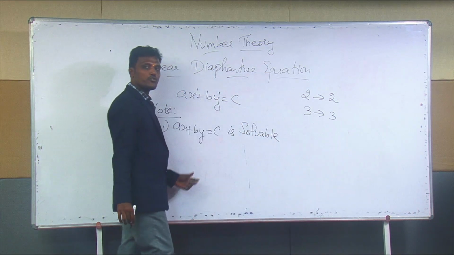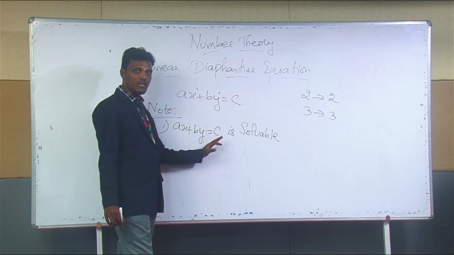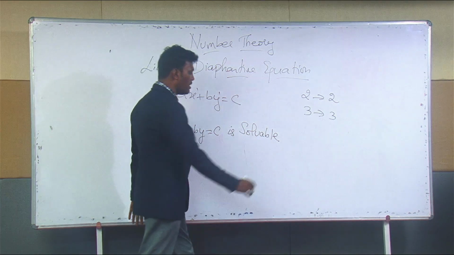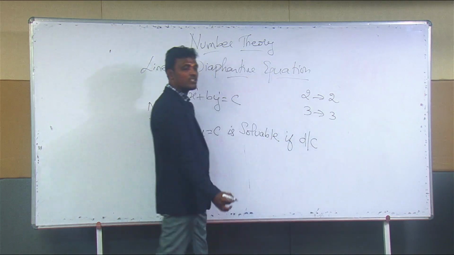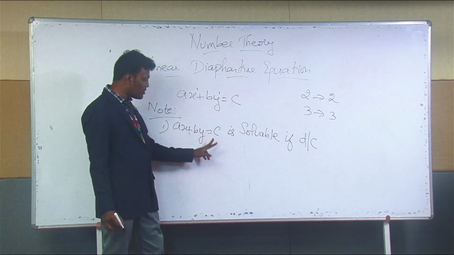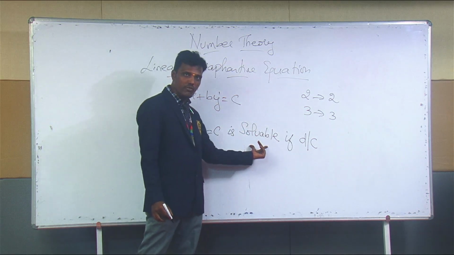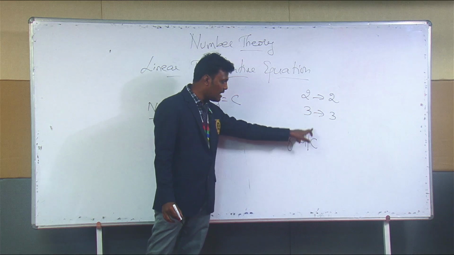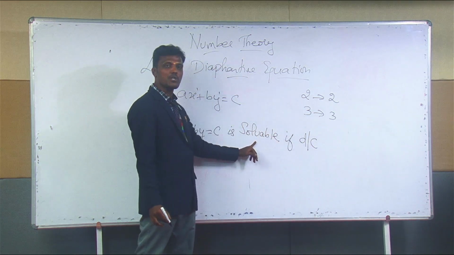First we have to check whether the equation is solvable or not. ax plus by equal to c is solvable if d divides c. This is the main condition you have to follow. If d divides c, then you can say it is solvable.